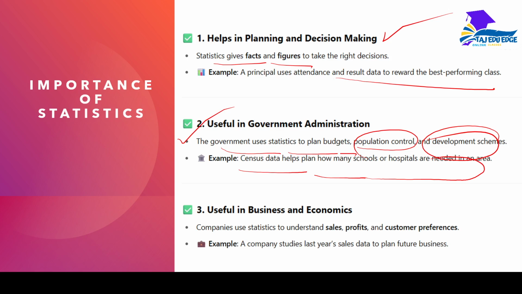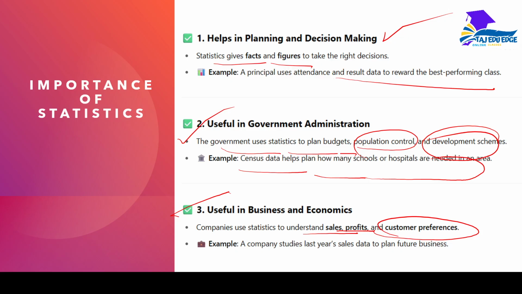The third point is useful in business and economics. Companies use statistics to understand the sales, the profit, and the customer preferences. Let's say you are going to start a business, and without knowing what the customer preferences are, if you start a business, the chances of losing the business are more.